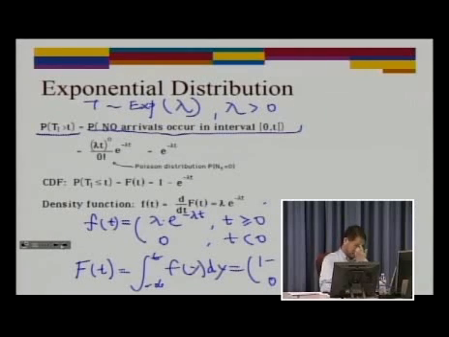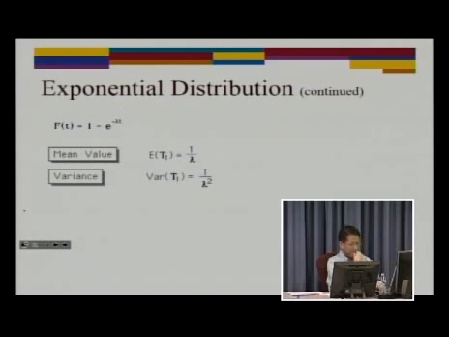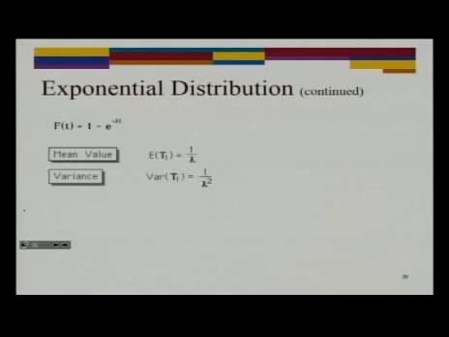Okay? So this is also the same as this up here, right? So we may say that T_1 follows the exponential distribution with parameter lambda. Okay? And the mean value for the exponential distribution is 1 over lambda. Variance is 1 over lambda squared.